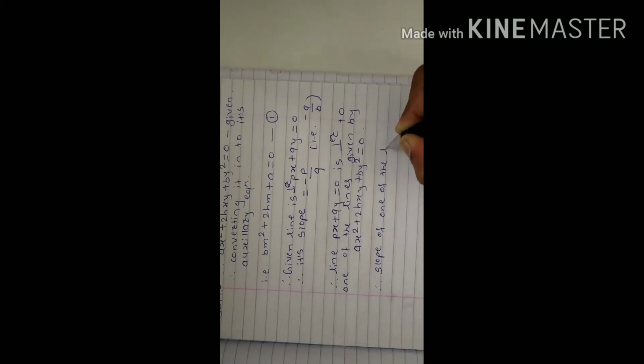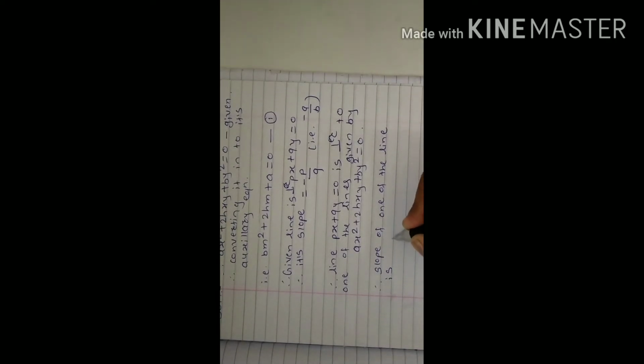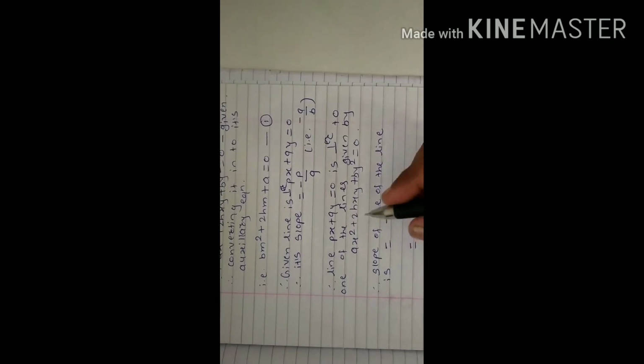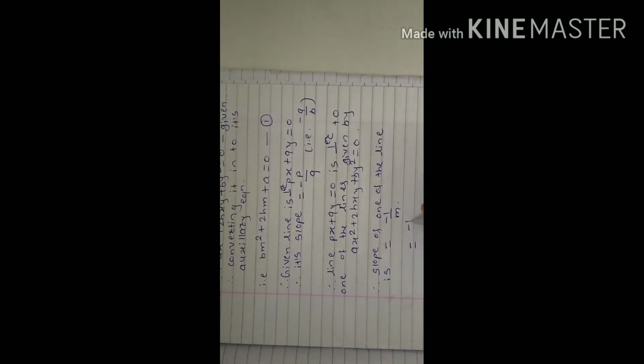We know that when two lines are perpendicular, then the product of slopes m1 into m2 is equal to minus 1. Let us take m is equal to minus 1 divided by the other slope. We put the value minus p by q in minus 1 divided by minus p divided by q.